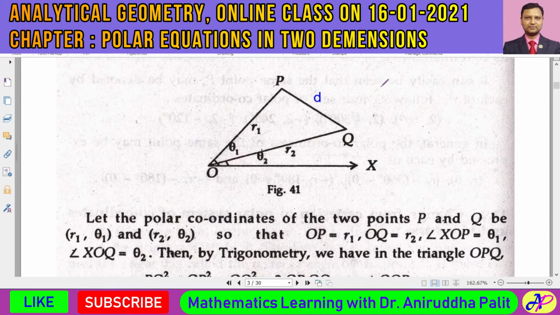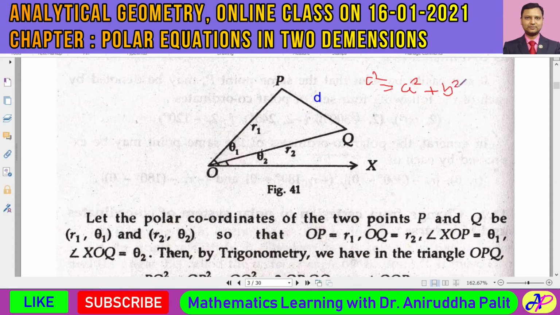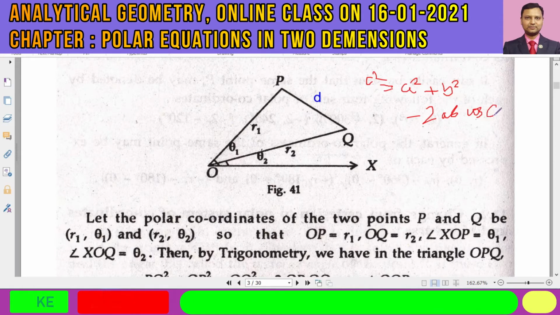And in the triangle, we have a formula that c square is equal to a square plus b square minus twice ab into cos C. What is C?